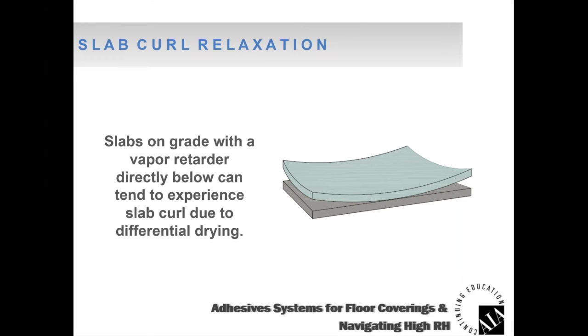Concrete can curl due to differential drying. So we have a slab on grade or below grade, and we got a vapor retarder, and that concrete only dries up. That differential drying, top to bottom, can create curl, where the edges of the concrete curl. What we're going to talk about is not only the slab curl, but the relaxation that can happen after the fact.